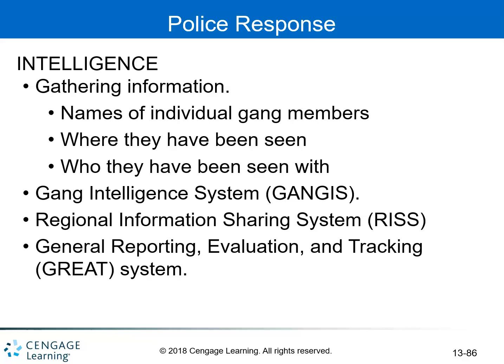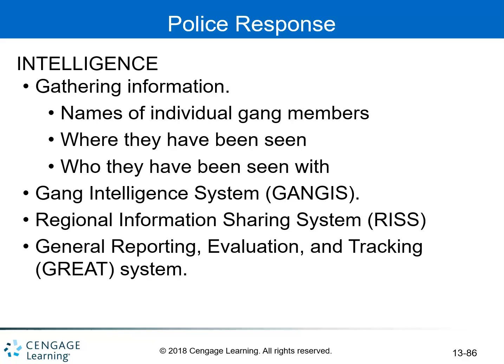However, if police acknowledge the existence of gangs, this places the police administration in a realm where they really need to take care of the issues that they're starting to see coming forth. An important task, therefore, in most police departments is gathering information or intelligence on gangs and their members.